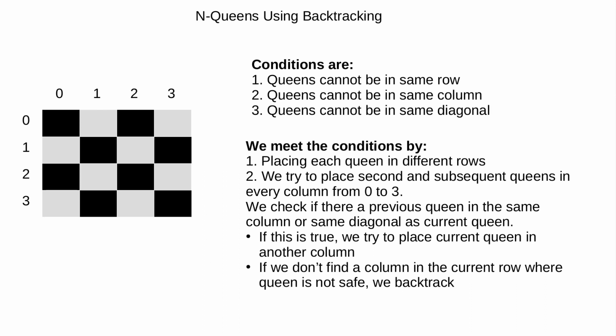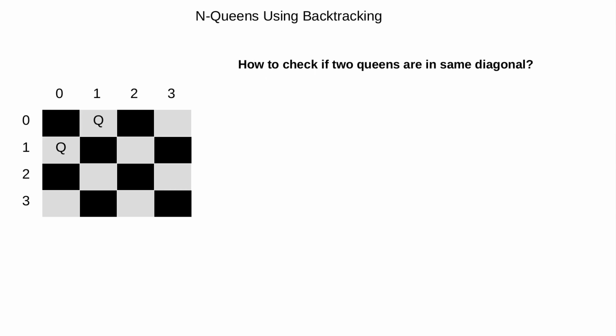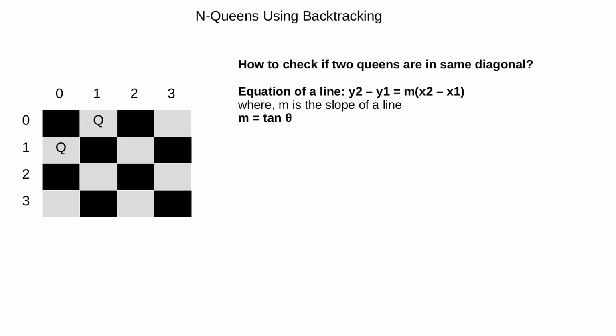Now, how do you check if two queens are in the same diagonal? From high school math, we know that the equation of a line is y2 minus y1 is equal to m into x2 minus x1, where m is the slope of a line. Now here, in case of a square, we know that a diagonal inclines to each side at an angle of 45 degrees.